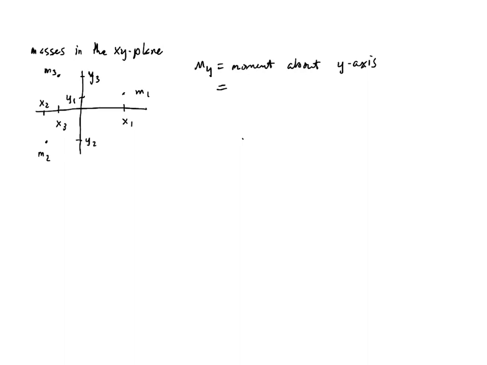So if I have 3 of them, I would have m1 x1, m2 x2, and add that to m3 x3. In general, I'll have n point masses, and so I'll add this up to mn xn. And this can be written concisely using the summation notation, the sum from i equals 1 to n of mi xi. Right. And so this is starting to look even more like a Riemann sum, where an integral will take place. Similarly, Mx is the moment about the x-axis.